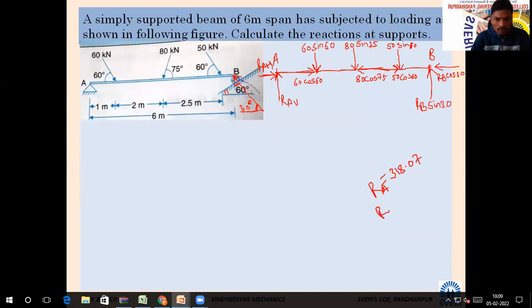And RB? 173.98. Is it correct, others? Just check.